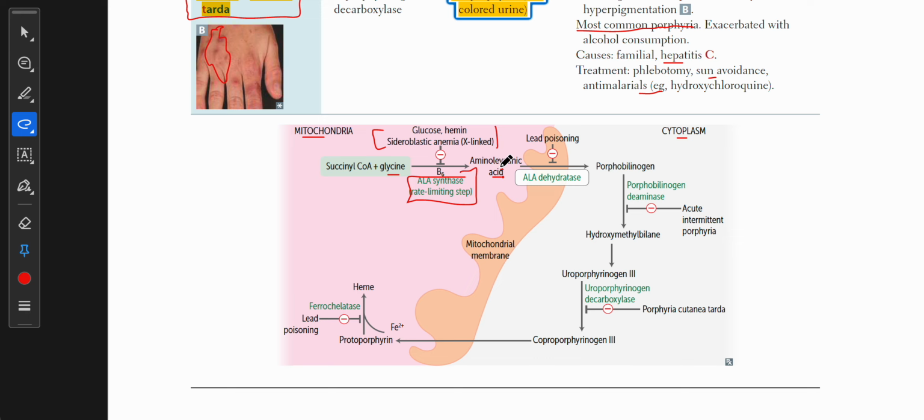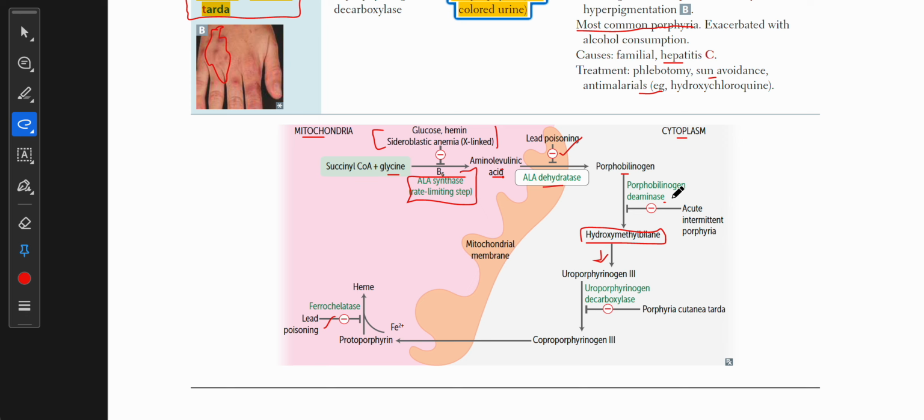So this ALA, in the usual case, what happens is ALA dehydratase enzyme will convert this into porphobilinogen, and then lead poisoning affects here, and also in the last step where ferrochelatase is used. So porphobilinogen, in the presence of porphobilinogen deaminase enzyme, will form hydroxymethylbilane, which is an intermediate product that will spontaneously go to the uroporphyrinogen.